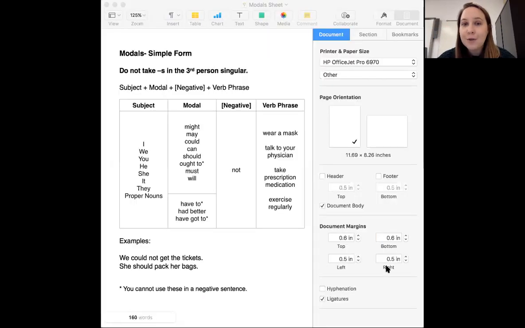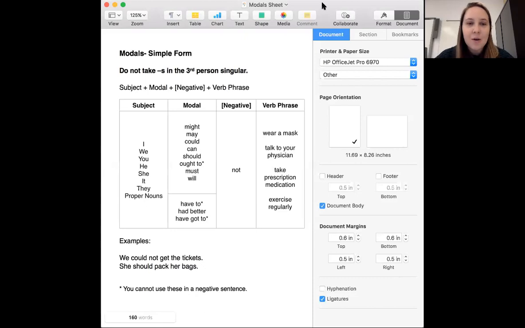So let me show you the chart I have for you. Now, I'm going to give you a paper version of this on Wednesday in class, but I want you to take a look at it. These are the simple forms of modals. This is what we're going to be using right now. Now, you see that the pattern goes subject, so I, we, you, he, she, it, they, or any proper nouns. Those are people's names. So Tiranke or Arlene, those would be proper nouns.